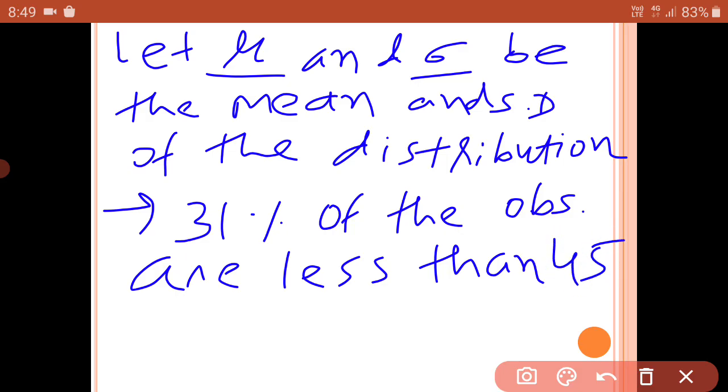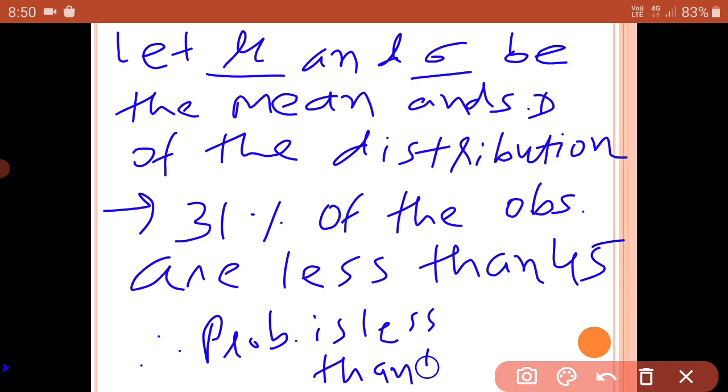Therefore, probability of less than 45 is equal to 0.31.